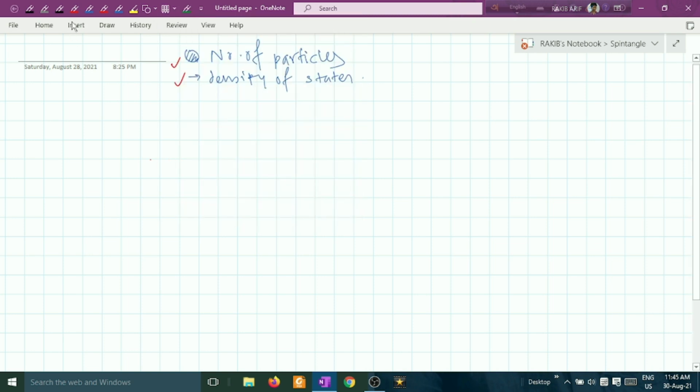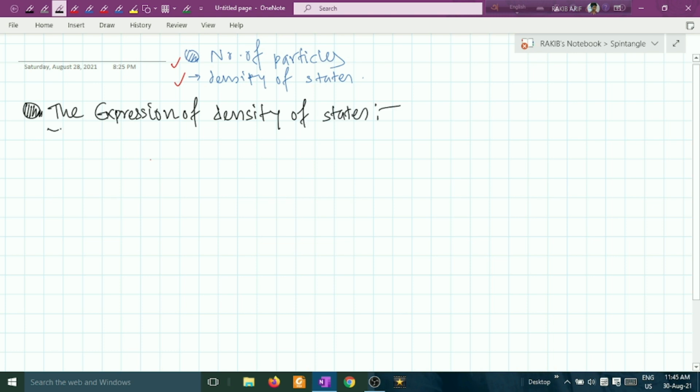First of all, we will derive the expression of density of states. First we will understand this fact.